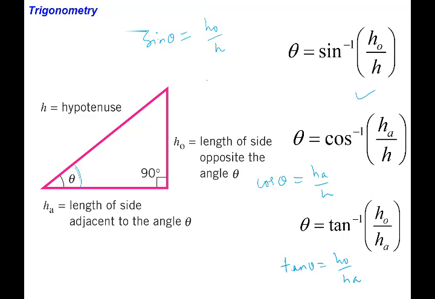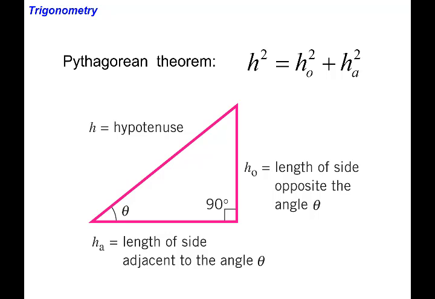So if you have to find inverse tangent, you can write it in this form. If you have to write inverse cosine, if you have to write inverse tangent, you write it like this. So these things you should already know.